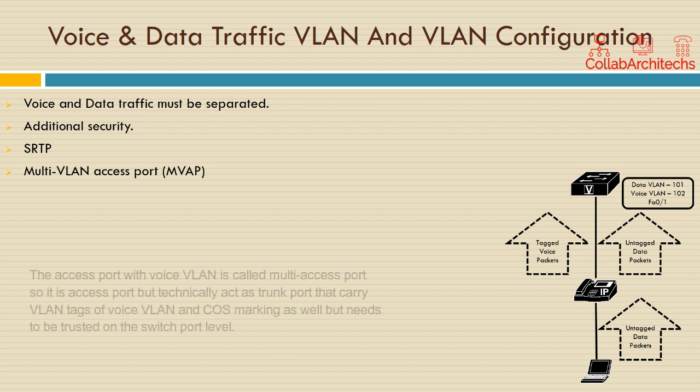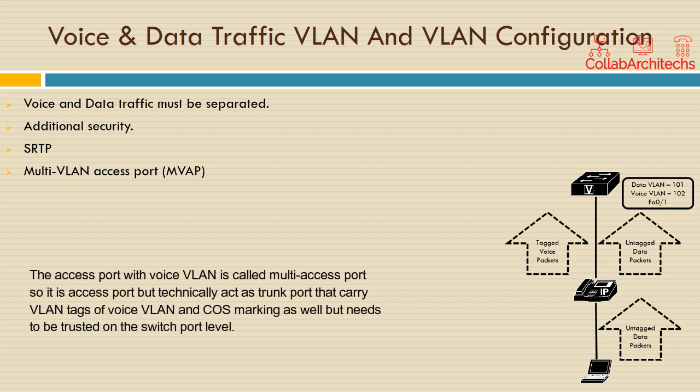The access port with voice VLAN is called a multi-VLAN access port. So it is an access port but technically acts as a trunk port that carries VLAN tags for voice VLAN and CoS marking as well, but needs to be trusted on the switch port level.